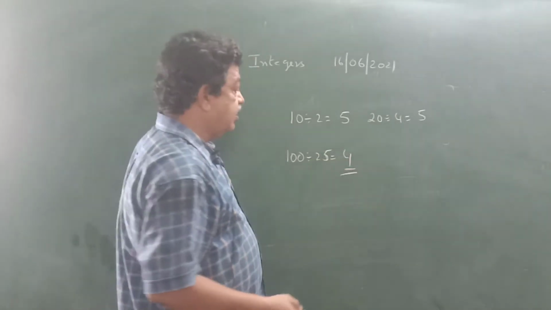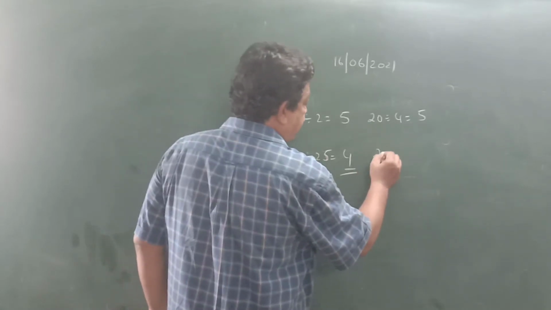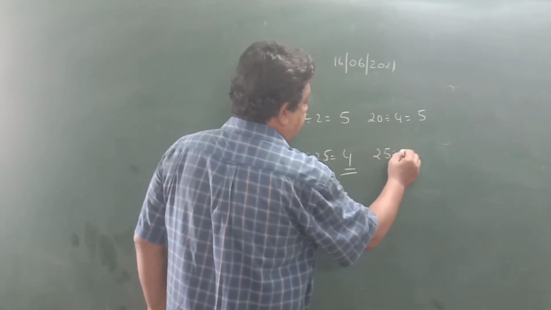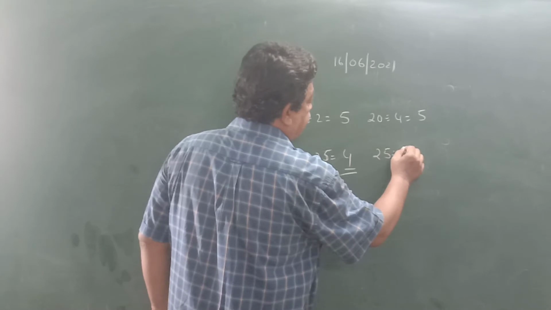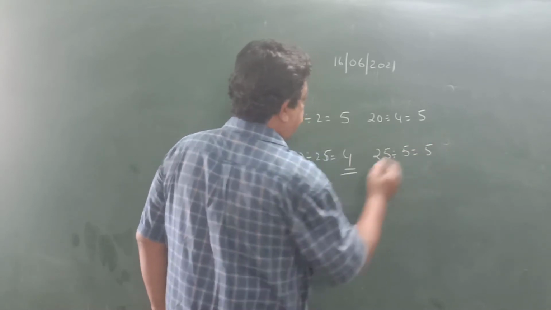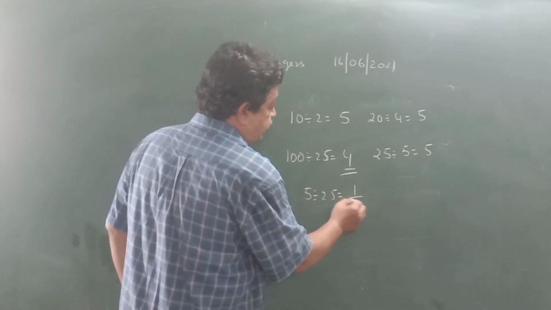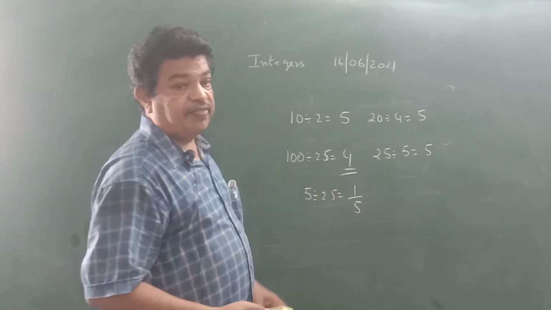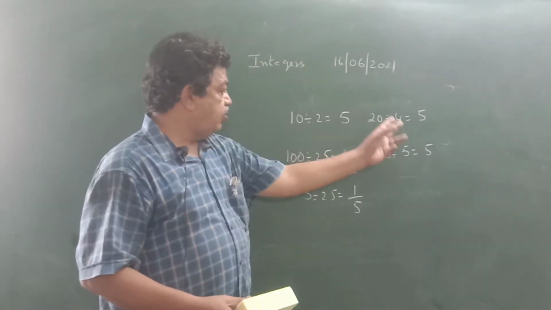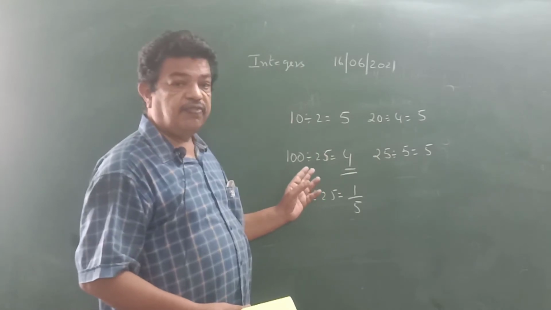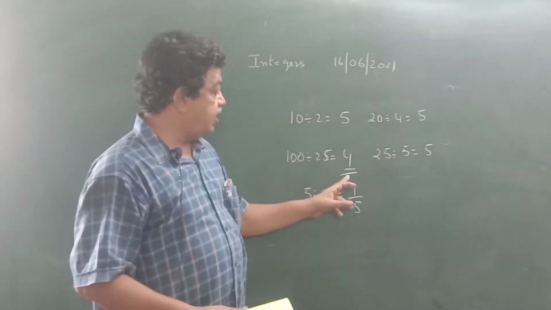Similarly, I divide 25 with 5. The result is equal to 5. I divide 5 with 25. The result is equal to how much? Not 5, it is 1 by 5. So, in these 4 cases, the quotient of an integer divided by another integer is an integer.